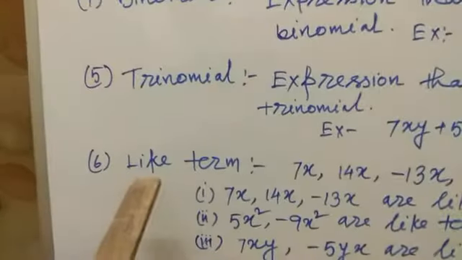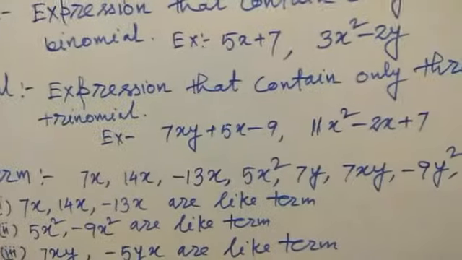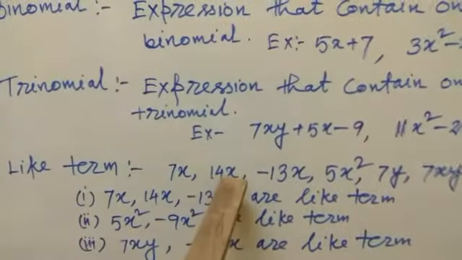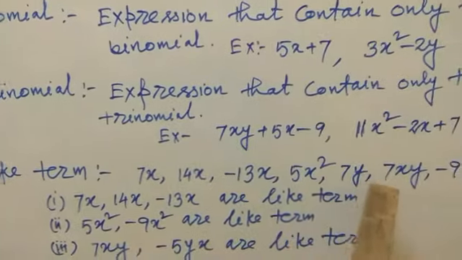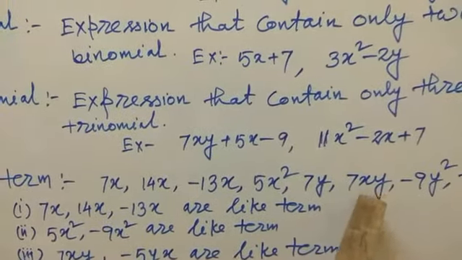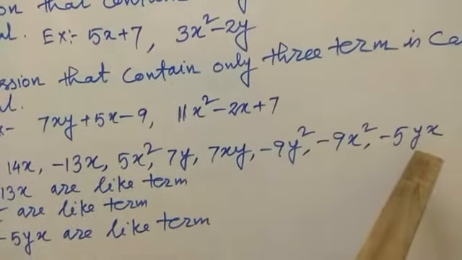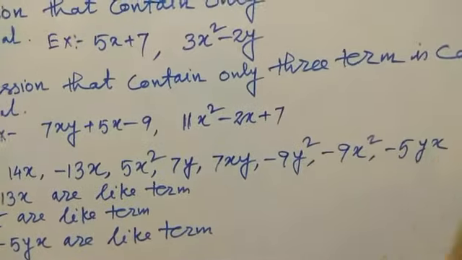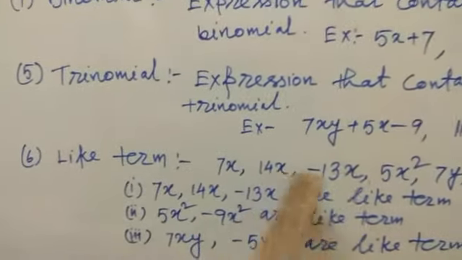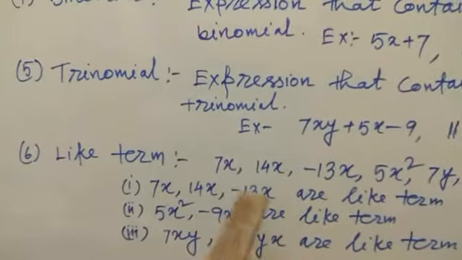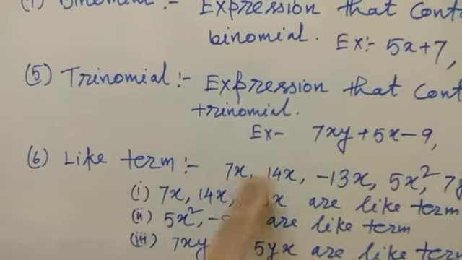Next, what are like terms? Here are a few terms: 7x, 14x, minus 13x, 5x square, 7y, 7xy, minus 9y square, minus 9x square, minus 5xy or yx. 7x, 14x and minus 13x are like terms because the literal coefficient of these three terms is x.